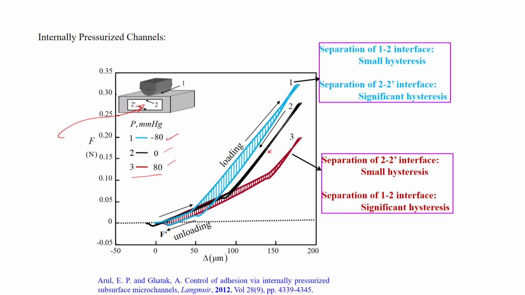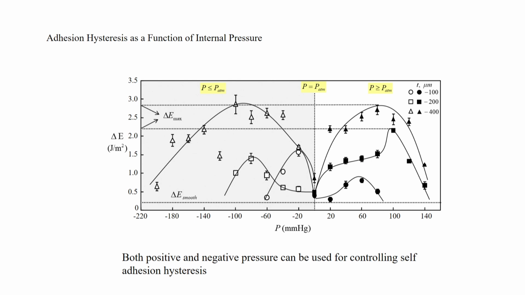So we can get different hysteresis effects by applying pressure inside this channel, and these results can be found in detail in this particular paper of Dr. Arul. Here the data has been compiled for all these different cases for the channel, the skin thickness and all that.